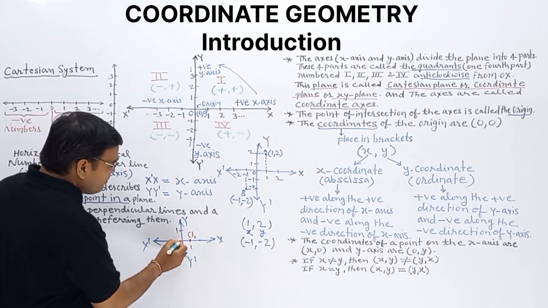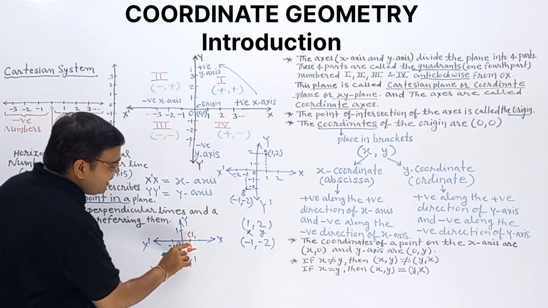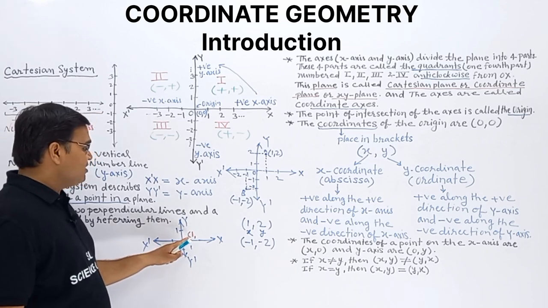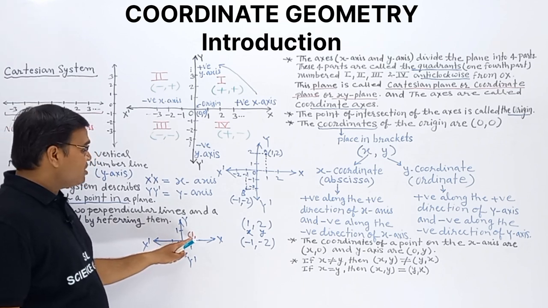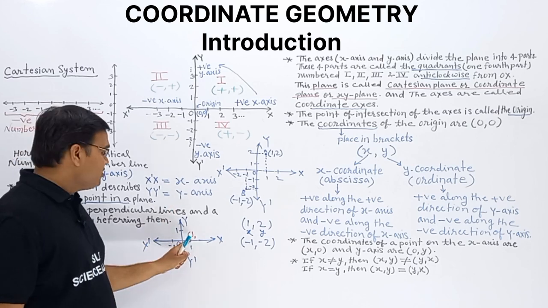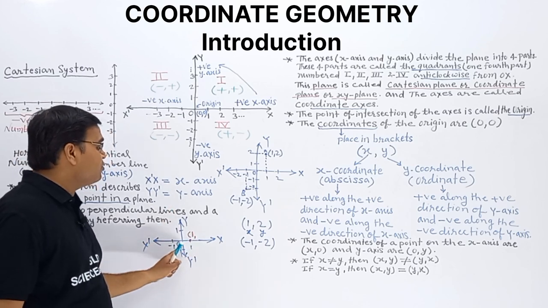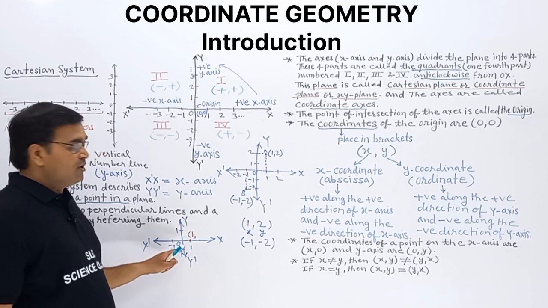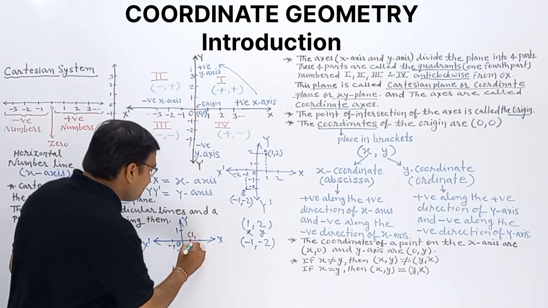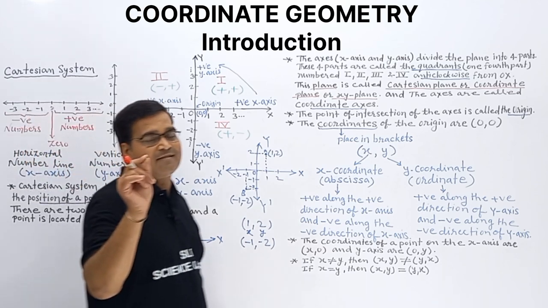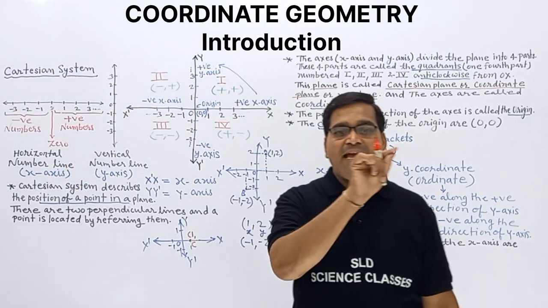What is the distance from the origin? This point is 1 unit length from the y-axis. We are having this, its name is point C. We want the coordinates of point C, and this is on the x-axis.